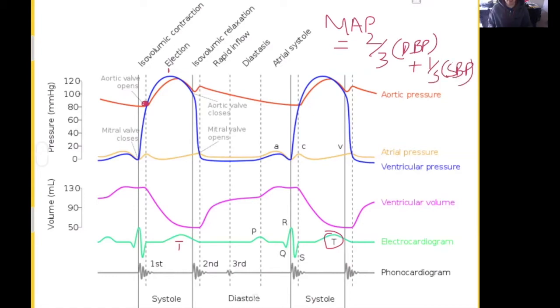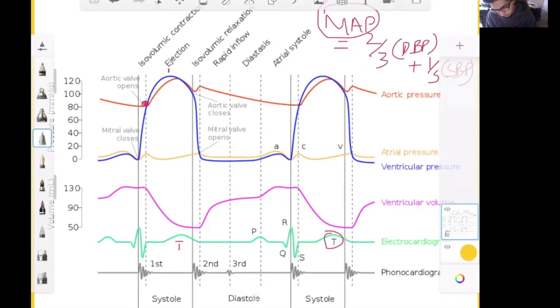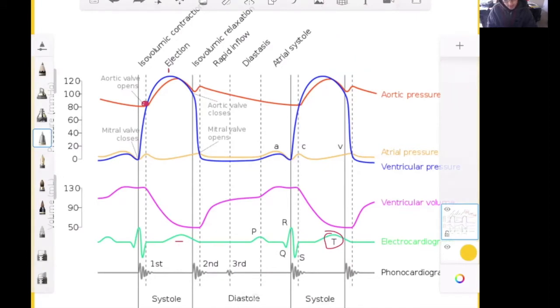So that clarifies that 2/3 of it is based on the diastolic blood pressure, and 1/3 is based on the systolic blood pressure. And because 2/3 of it is based on diastolic blood pressure, we can see clearly in our cardiac cycle that 2/3 of it is spent in diastole.